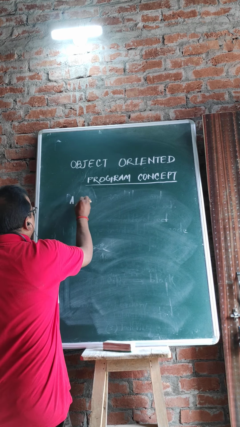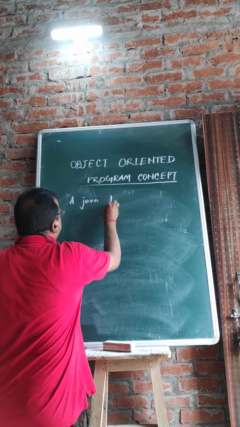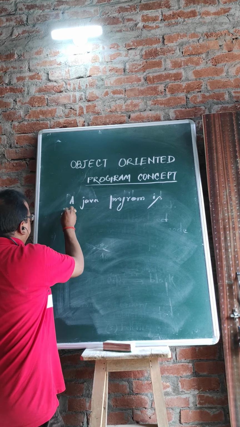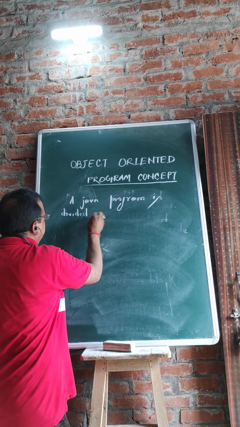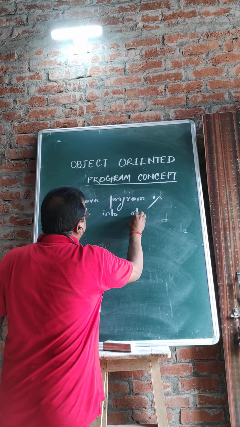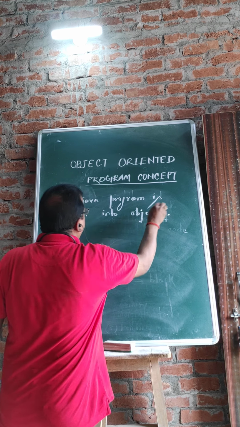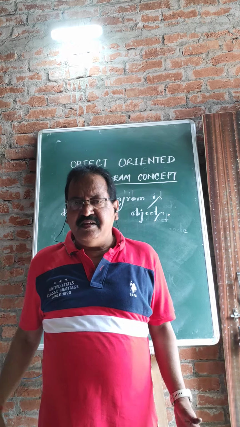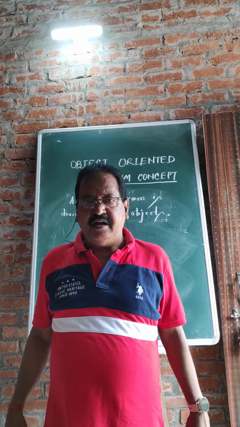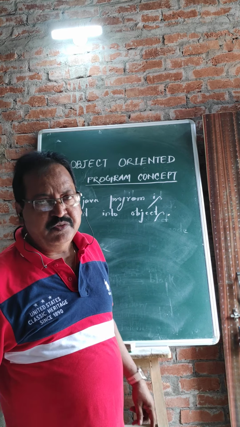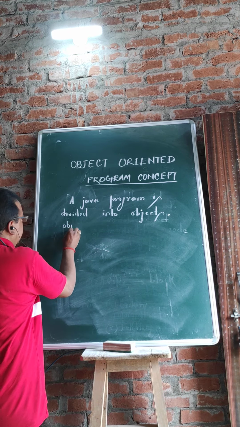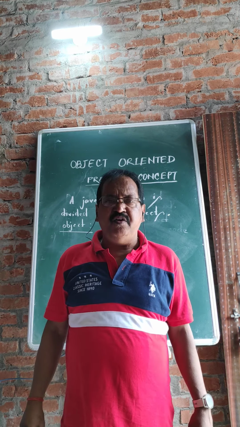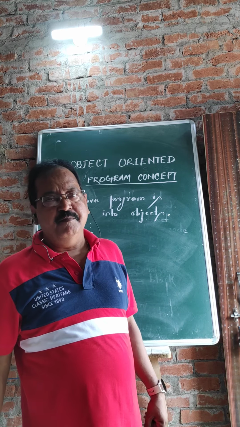So a Java program is divided into objects when abstraction is applied. Okay students? Now let us see what an object is in Java. After all, we are going to study Java. So an object in Java is a software bundle of variables and related methods.